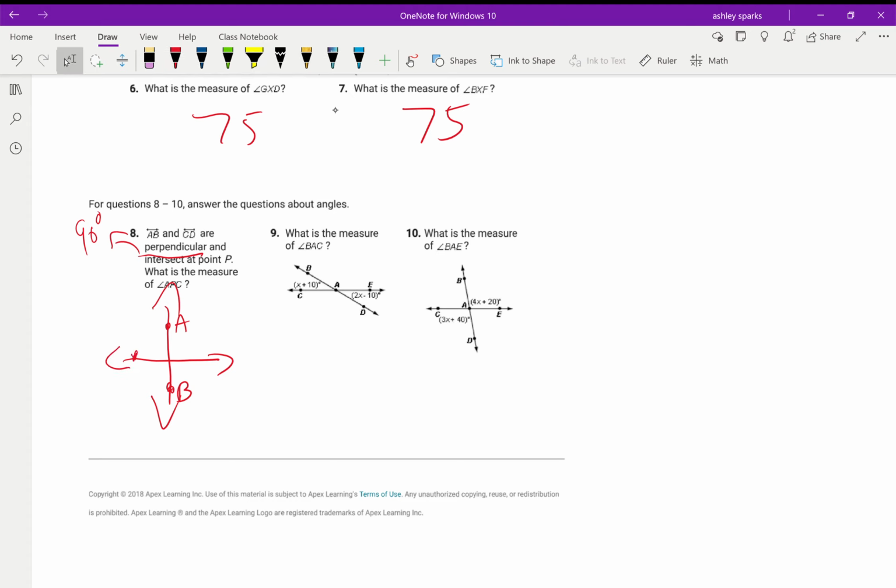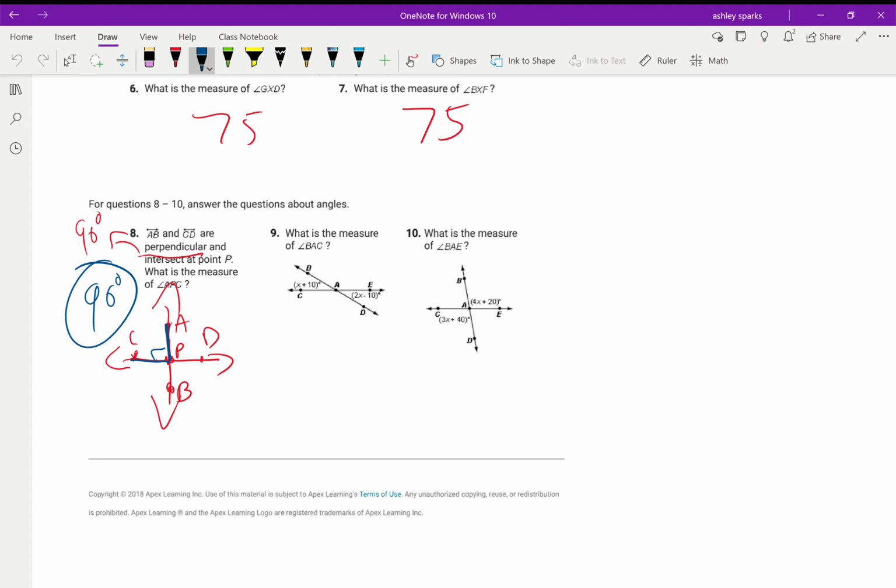So this is C and D. And they intersect at point P. What is the measure of angle APC? Well, perpendicular is 90. That means this is 90 degrees. So perpendicular angles, 90-degree angles, super easy.